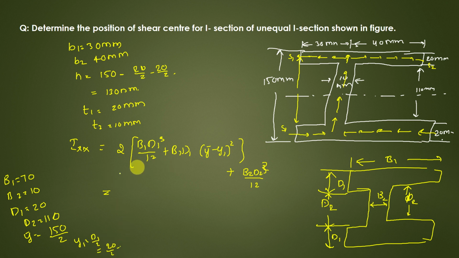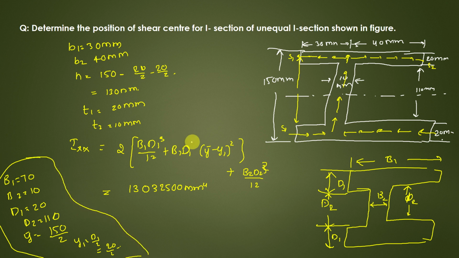Now if you substitute all the values which are available, you will get the moment of inertia 130,32500 mm power 4. That substitution and calculation was clearly given in the question, and you simply have to know what parameters you are about to substitute over here.